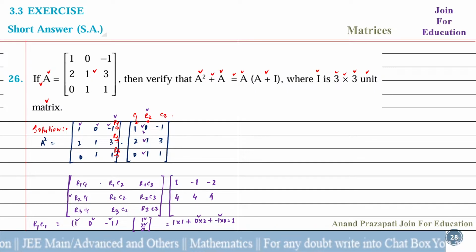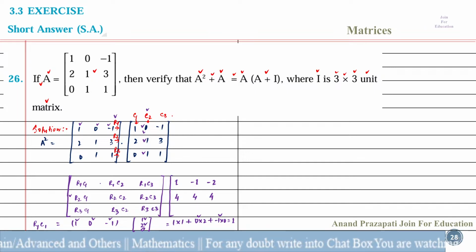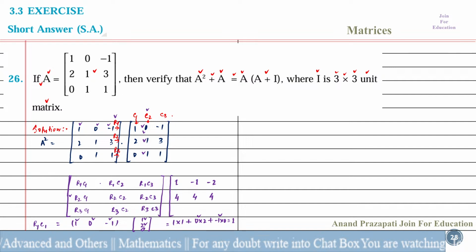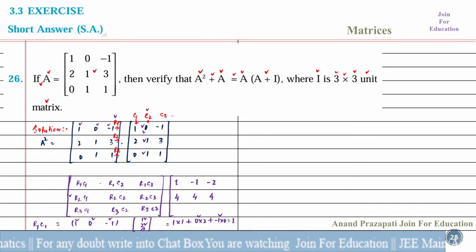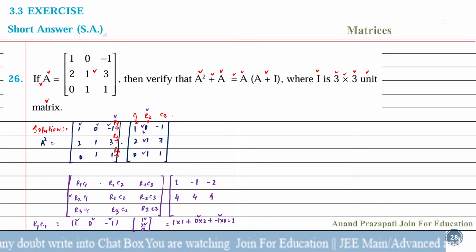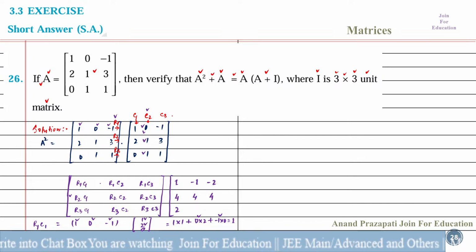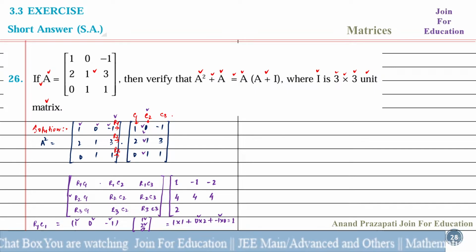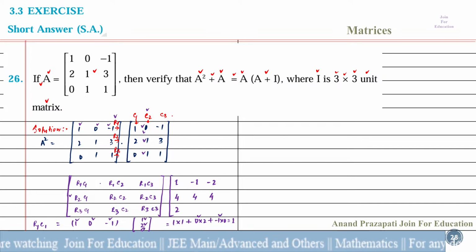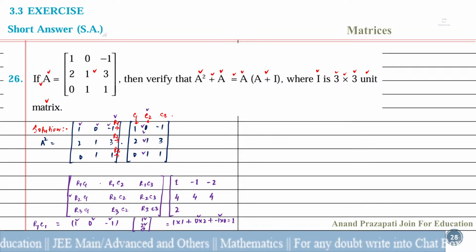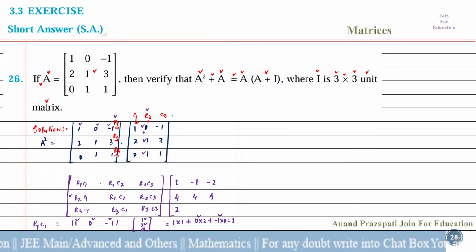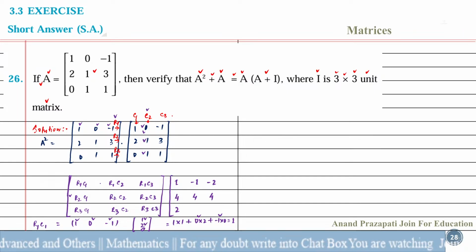Similarly, R3 C1, so 0 into 1 equal to 0, 1 into 2 equal to 2, and 1 into 0 equal to 0. After the addition we get 2. R3 C2 will be 0 into 0, 1 into 1 equal to 1, and 1 into 1 equal to 1. So here will be 2.